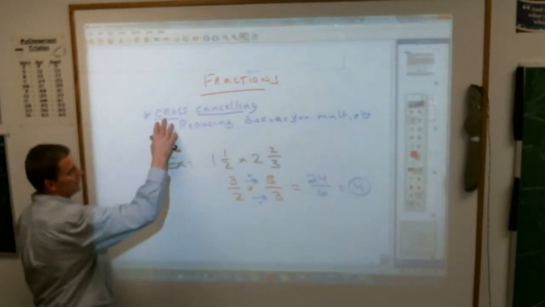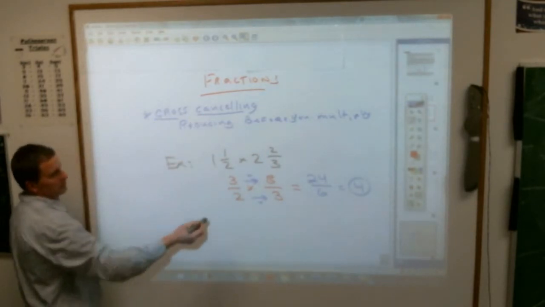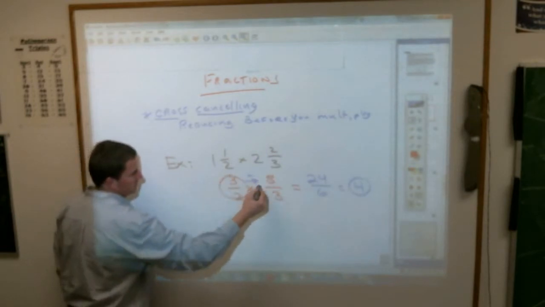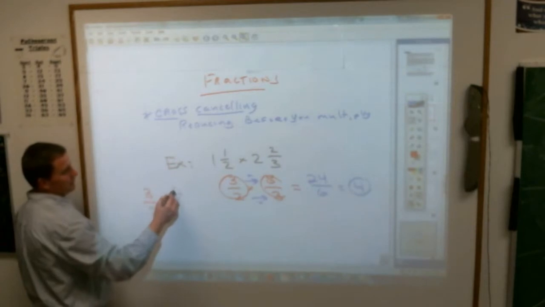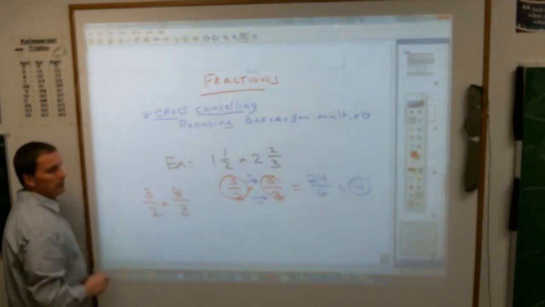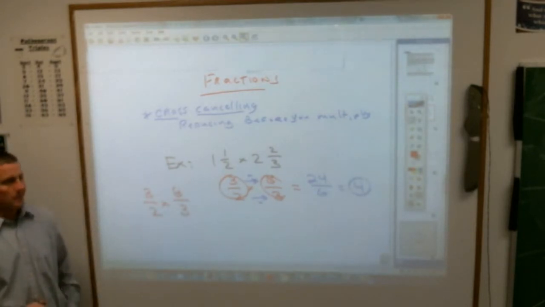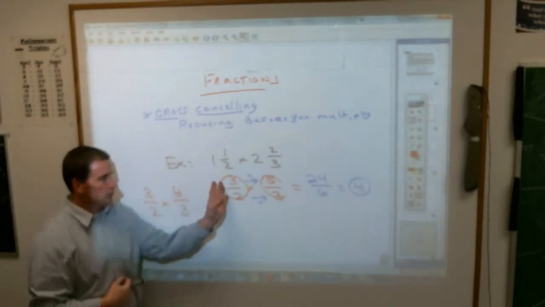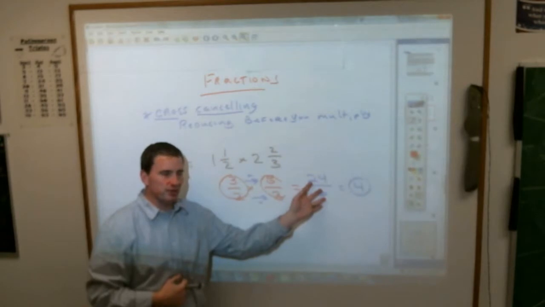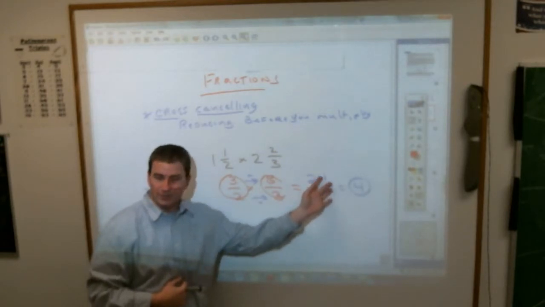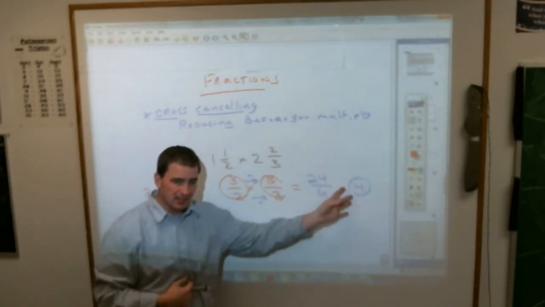And what cross-canceling is this. Let's go back to where I had these two fractions, 3/2 times 8/3. What you can do is, see, it's kind of goofy for us to multiply and then, when I get my answer from multiplying, go and do the reverse and divide.